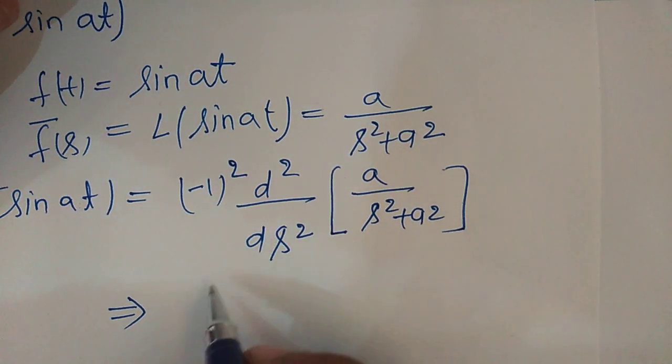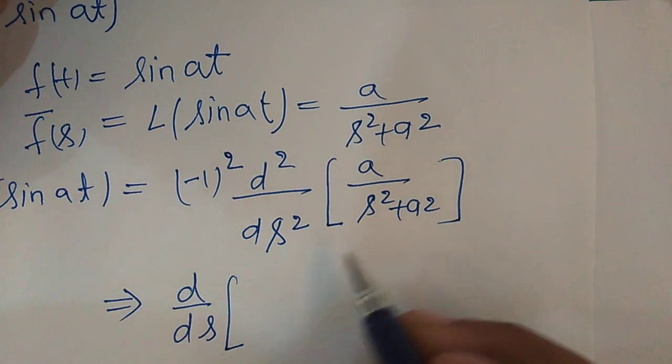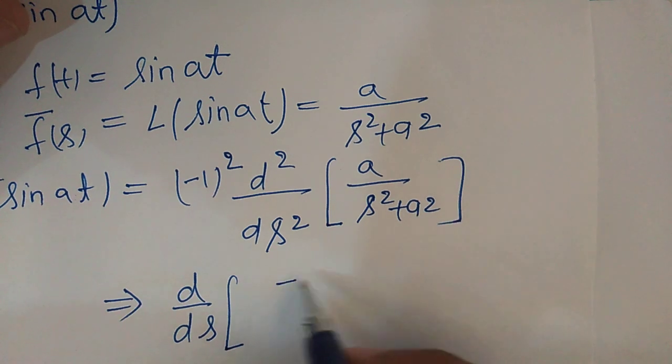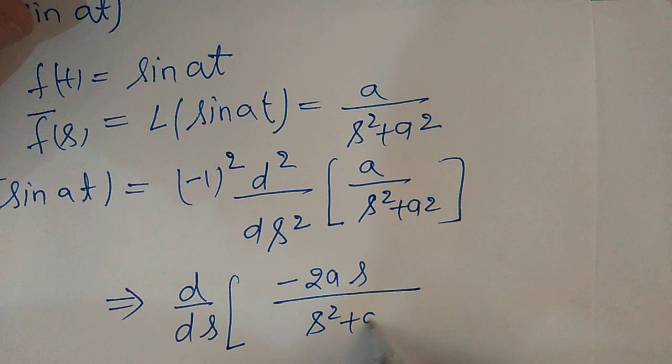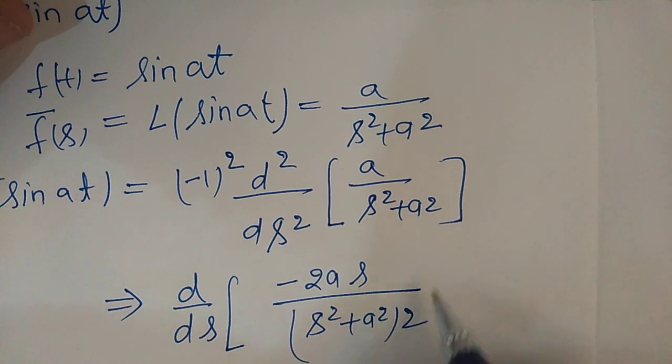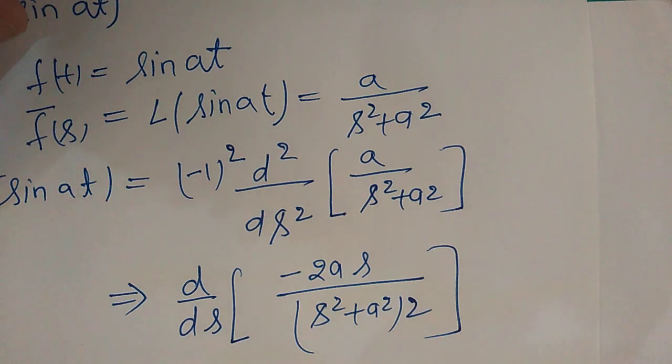Now we have to differentiate two times. If you differentiate, we get d by ds of minus 2 a s by s square plus a square whole square. This is the first differentiation.